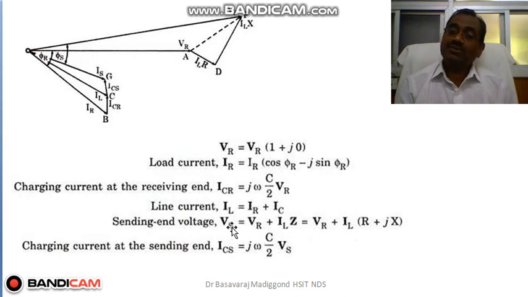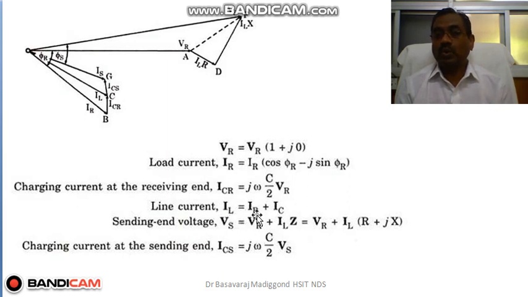Add this line loss to the output power and you will get the input power, isn't it? Output power, you know, is VR IR into cos phi r. You add IL square into R to VR IR cos phi r, you will get the input power. What is the input power? Vs Is into cos phi s.